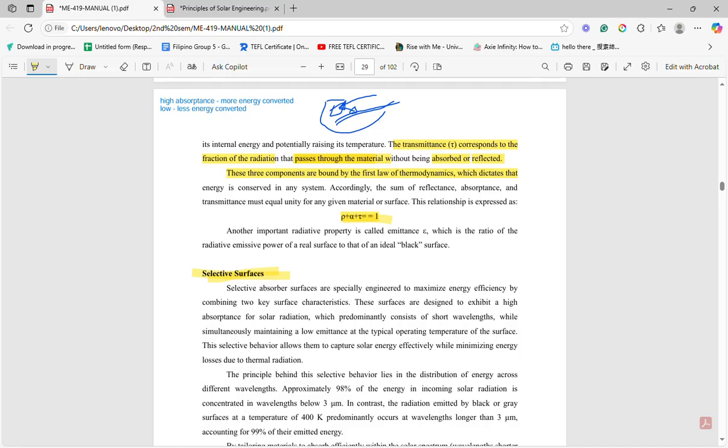When we talk about PV systems, or solar panels, or photovoltaic systems, we have to minimize our transmittance to make sure that all the energy is being absorbed, because if it just passes through our surface, then it will not be converted into electricity, simple as that. So we need to minimize transmittance for our PV systems.